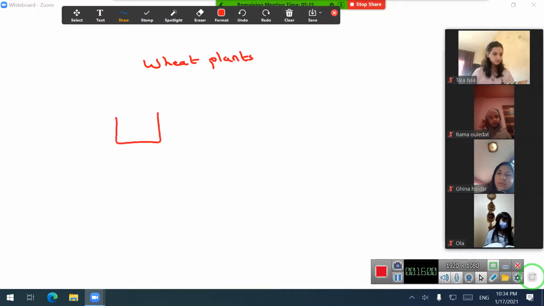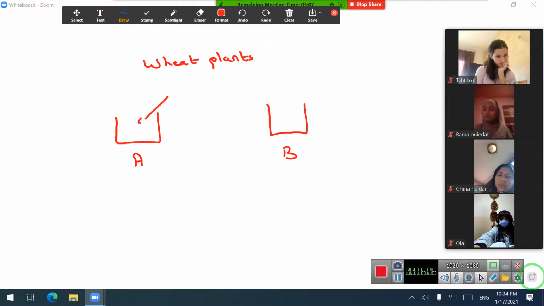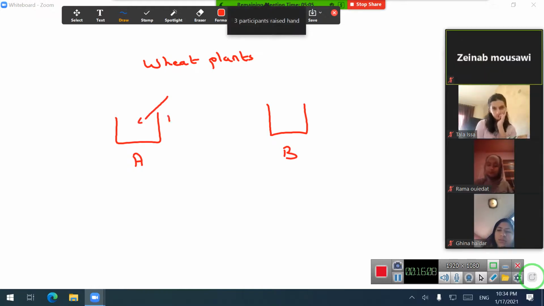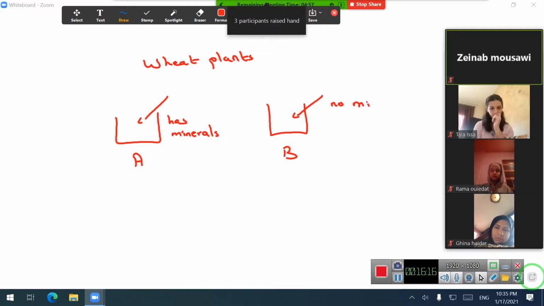This is medium A, and this is medium B. In medium A, the wheat plants have minerals. We add mineral salts or minerals. In medium B, no minerals are added.